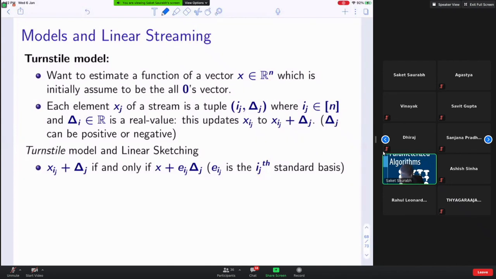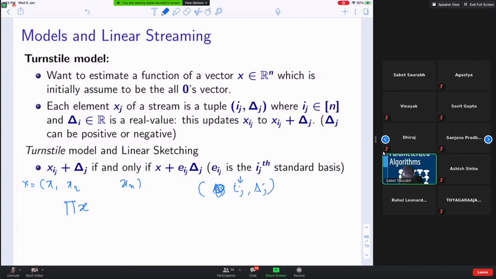Okay. So you have this vector which you have stored, some x1, x2, say xn. This is something which you are storing somehow compactly. So basically what you're storing is Πx. And now delta j came, and now you have updated, making some change delta j to the ijth coordinate.